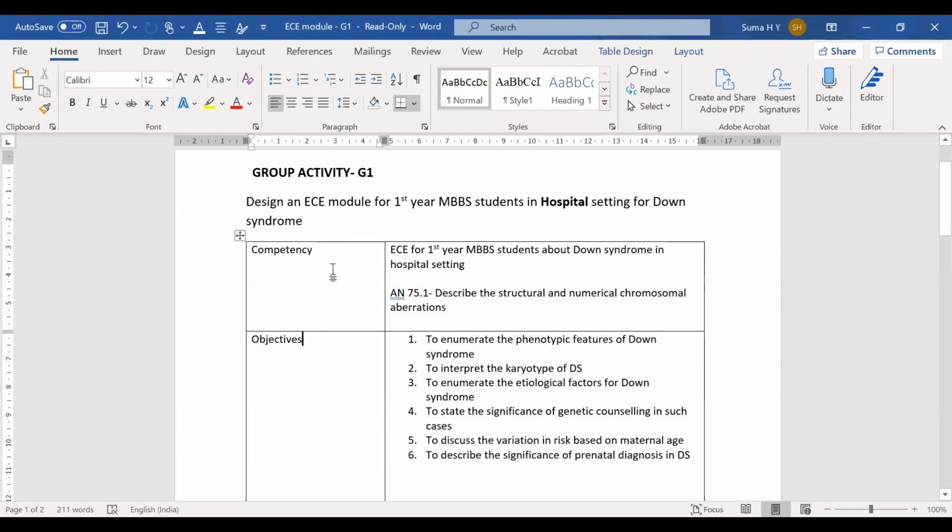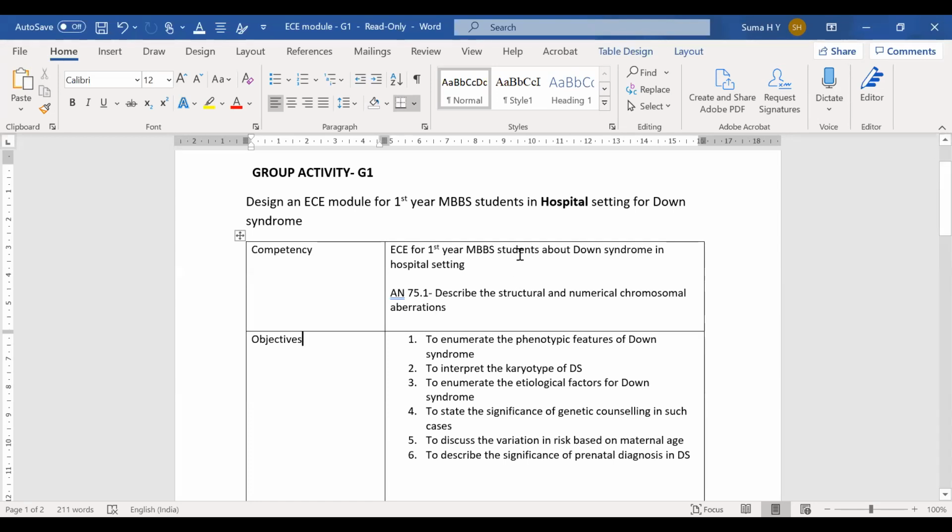I wish to acknowledge the organizing team for giving me an opportunity to share my experience with this ECE, and to thank the group facilitator, Dr. Nidhi ma'am, for helping me in preparing this document. So the competency is ECE, early clinical exposure for first year MBBS students, in relation to Down syndrome in a hospital setting.